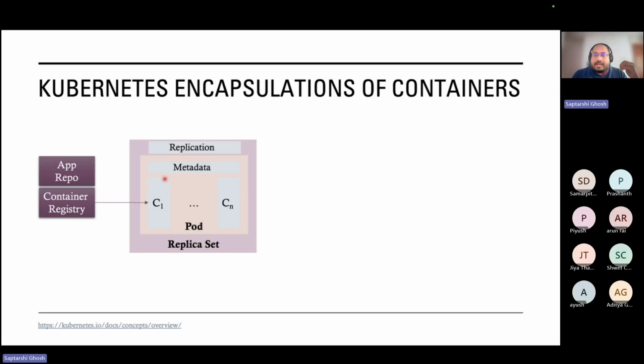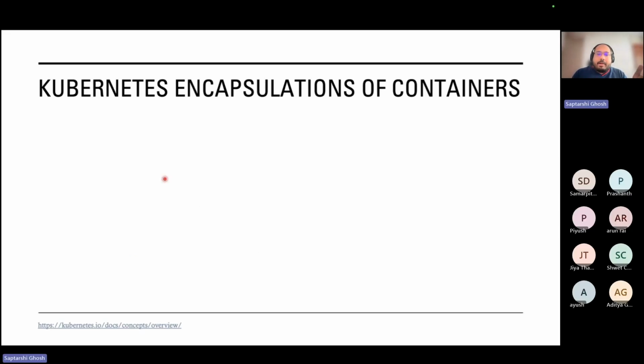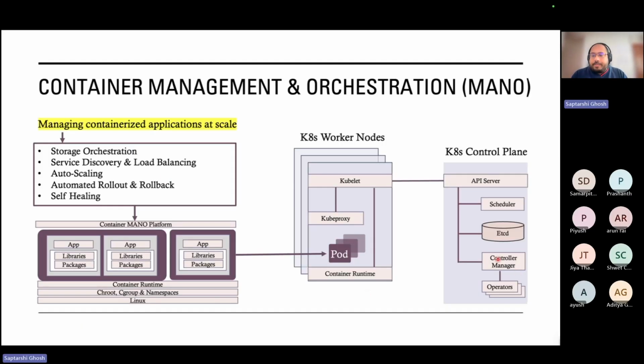If I am saying that we are scaling the pod three times or four times, it means how many containers am I going to create eventually? Three containers for one pod and four such pods, so 12 containers you're going to create. This sort of replication is not natively possible with a pod, and it is actually maintained by one of the controller managers called the replication controller manager, which makes this happen.